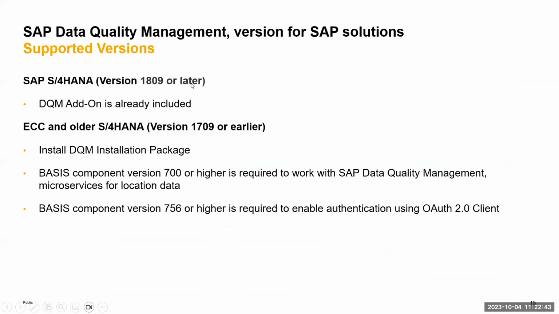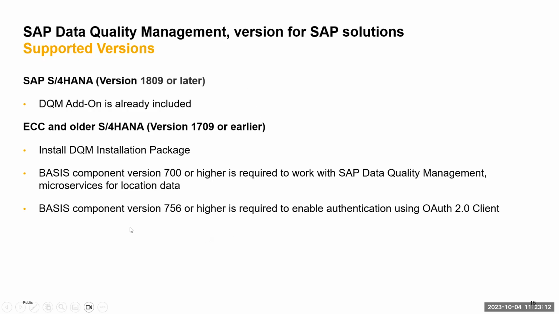And for S/4HANA side, we have the supported version information here. And if you're on the recent S/4HANA version, you don't have to worry about anything. The data quality management solution add-on is already included. But if you're on the older system, you can download the installation package and install it.